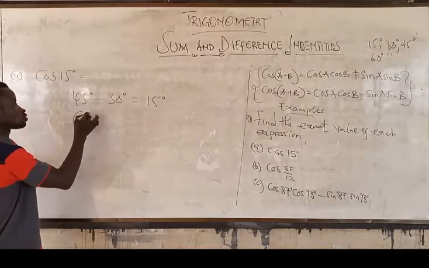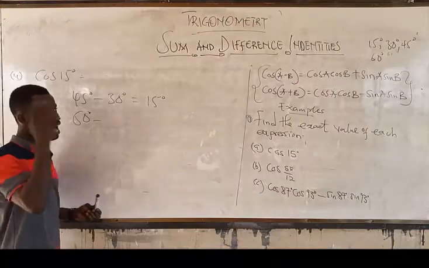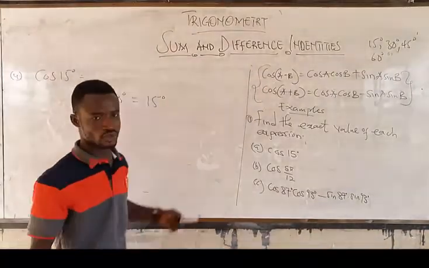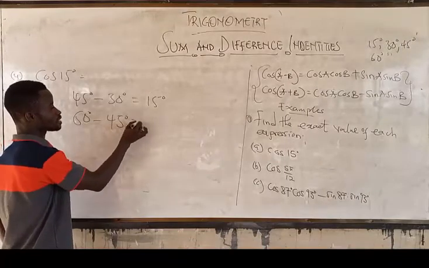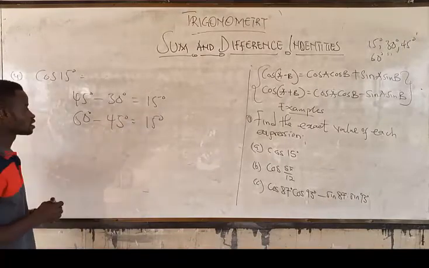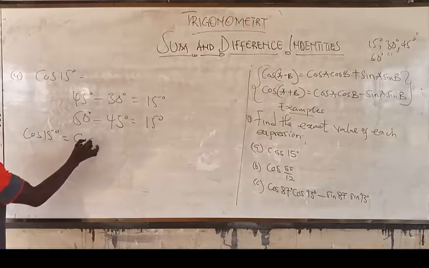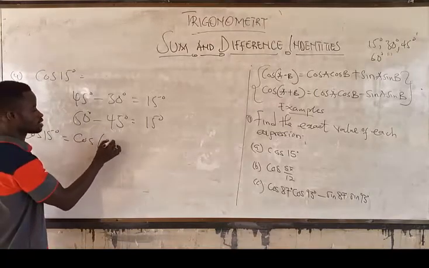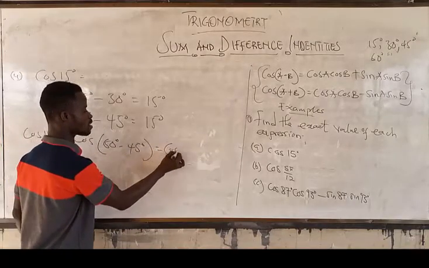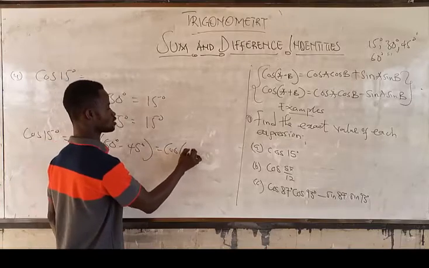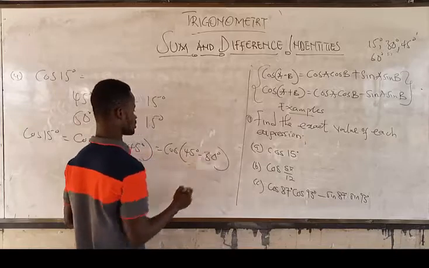We have so many alternatives. You can use 60 degrees minus 45 degrees, and that one also will give you 15 degrees. So writing cos 15 degrees is the same as writing cos of 60 degrees minus 45 degrees, or cos of 45 degrees minus 30 degrees.